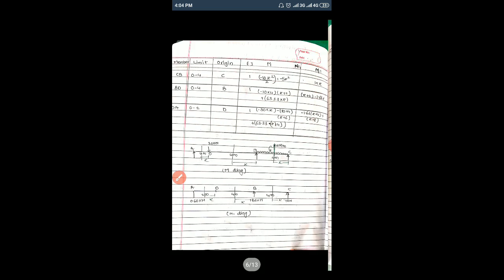We have cut one section and calculated the moment at that point; you can calculate it at any point. So this is the bending moment diagram, and this completes our numerical for 10 marks.